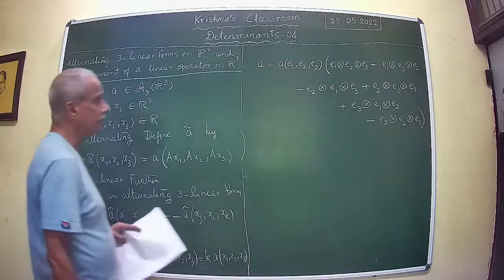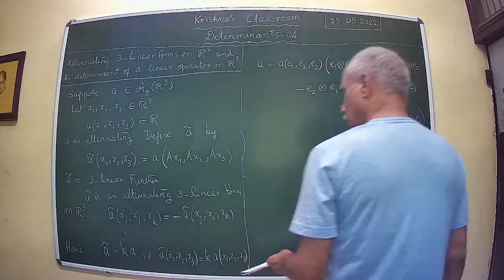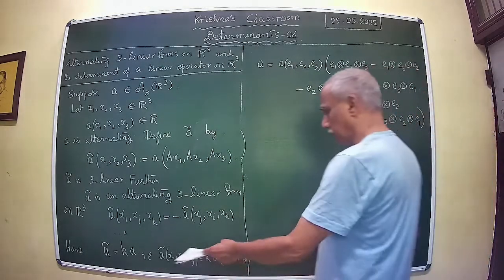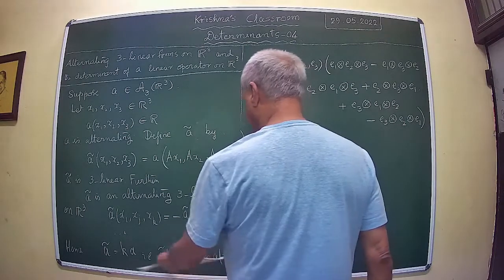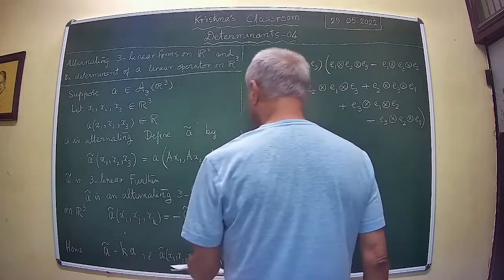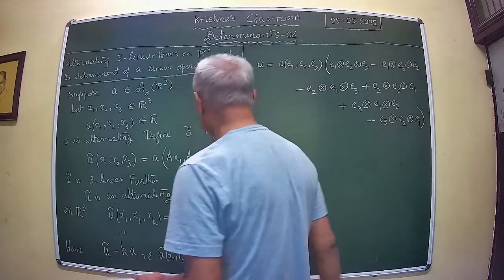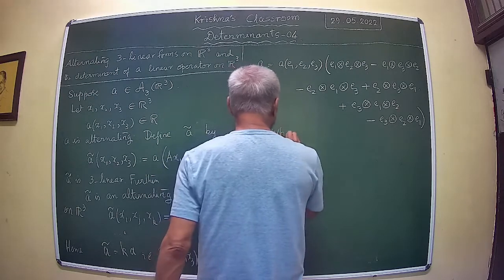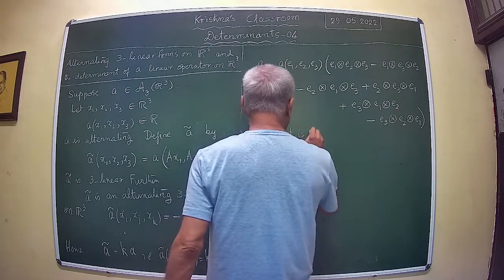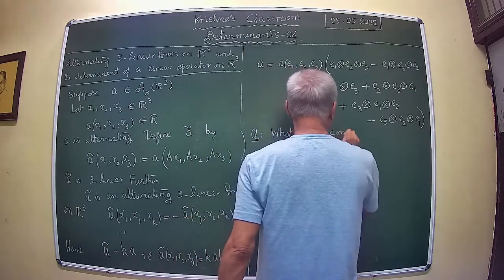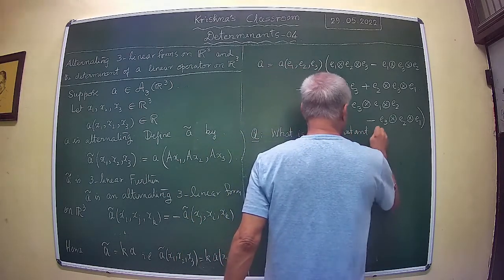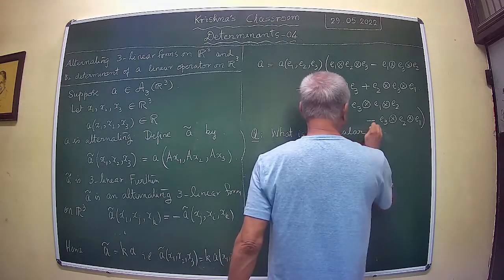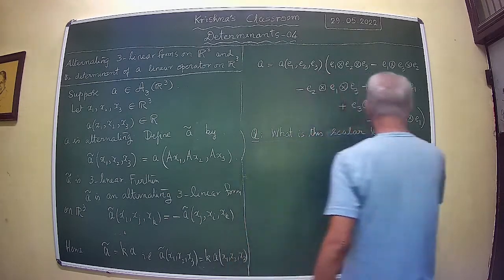Now we shall use this formula and this property of the relationship between A and A tilde, and then try to find out what this constant turns out to be. So the question is, what is this constant or scalar K? How is it related to A?